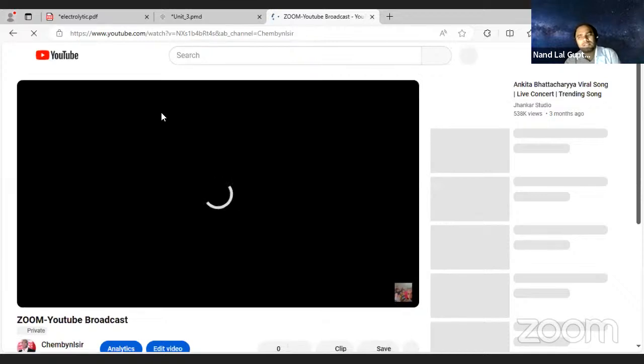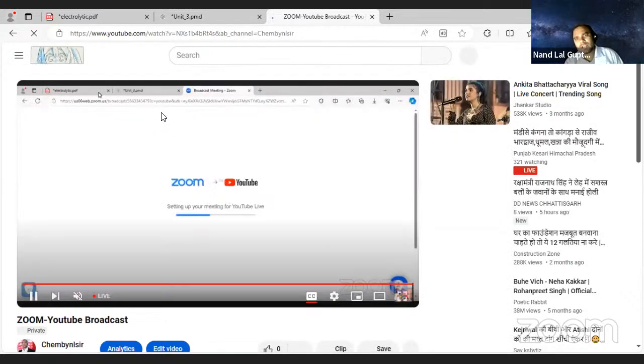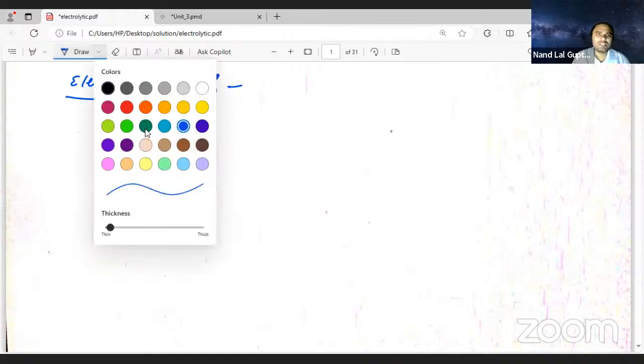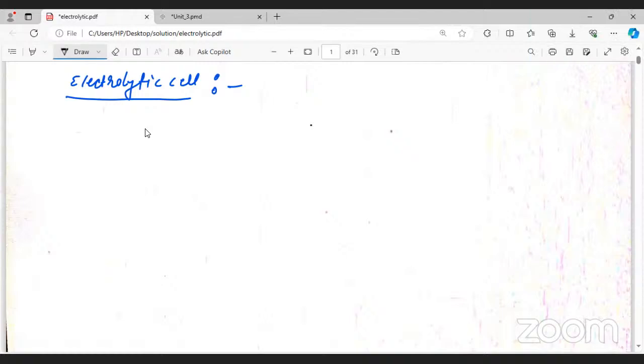Okay, that is good. One cell is there where electrical energy is converting into chemical energy. Another cell is there where chemical energy is converting into electrical energy. What about this electrolytic cell? Which energy is converted into what?